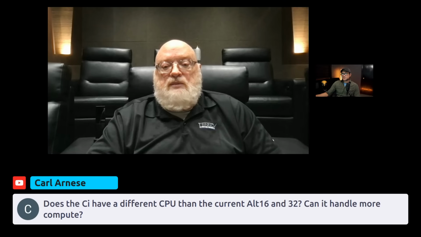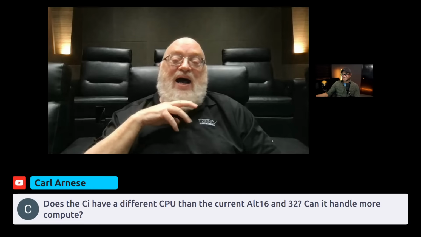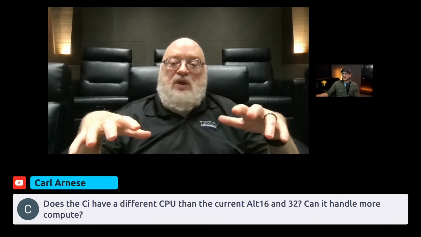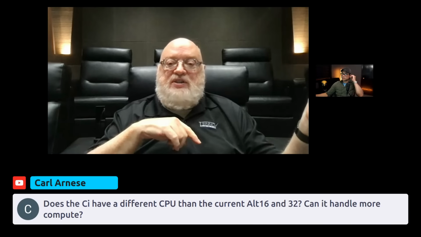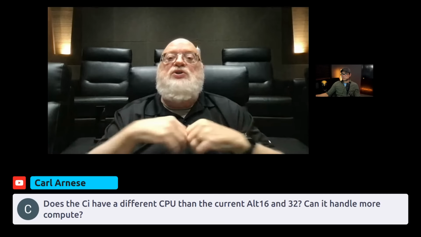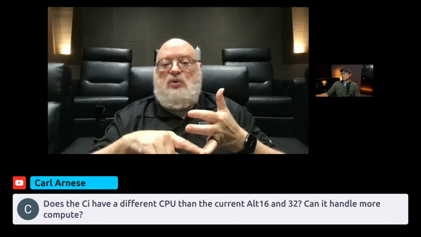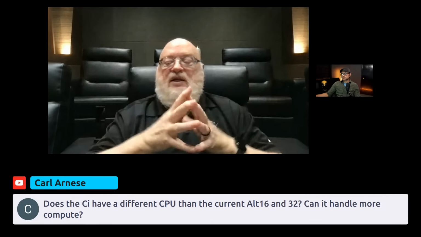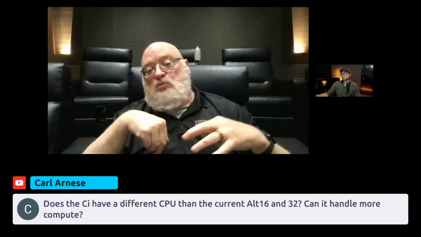Does the CI have a different CPU than the current 16/32? Can it handle more compute? I have no idea. It can. The current one can comfortably do 32 channels. I mentioned during the presentation that early next year we'll have a beefed up version of the CI with a bigger CPU and a bigger Dante board, so we can do as many as 64 channels if you need to, both input and output.